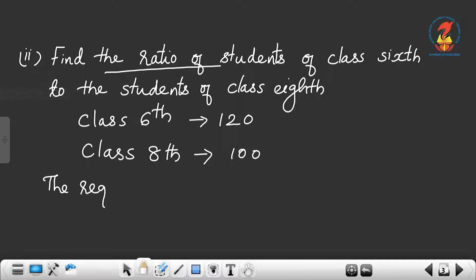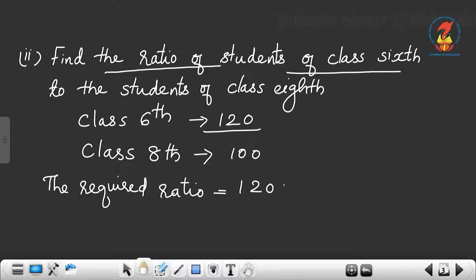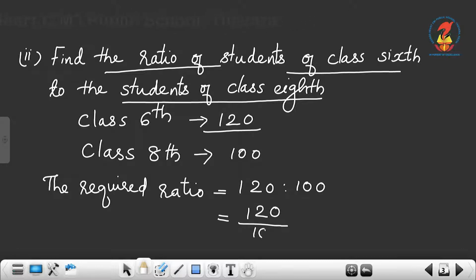Therefore, the required ratio is equal to students of class 6th, which is 120, to the number of students of class 8th, which is 100. So 120 is to 100. We can write this as 120 divided by 100. We want to write it in the lowest form.